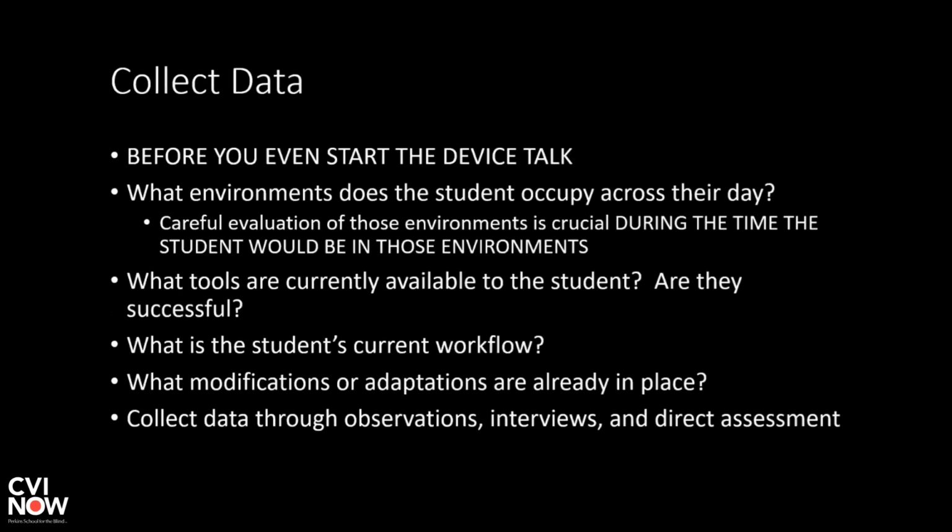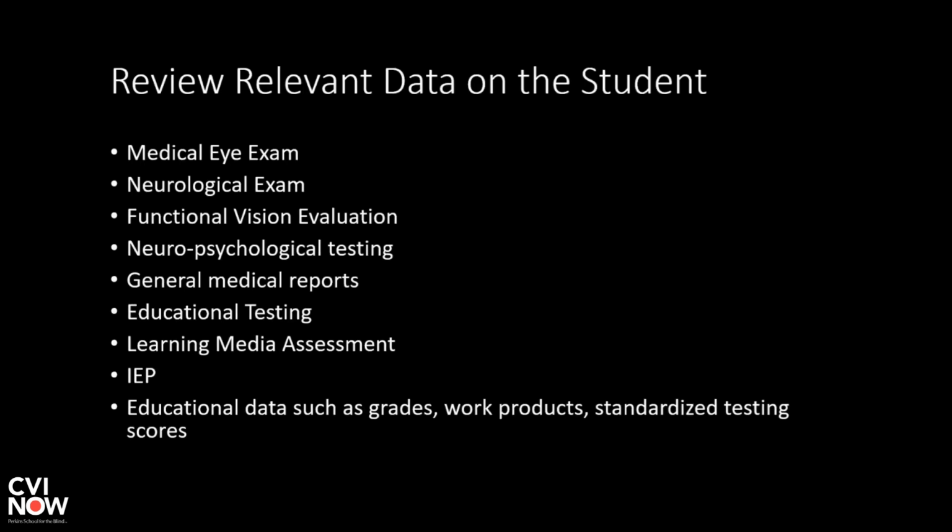That would all be a part of the file review and considering all the data you already have on the student. One more note on that: I just want to point out the functional vision evaluation and learning media assessment. From my perspective, every child with CVI should have a quality functional vision evaluation and learning media assessment.